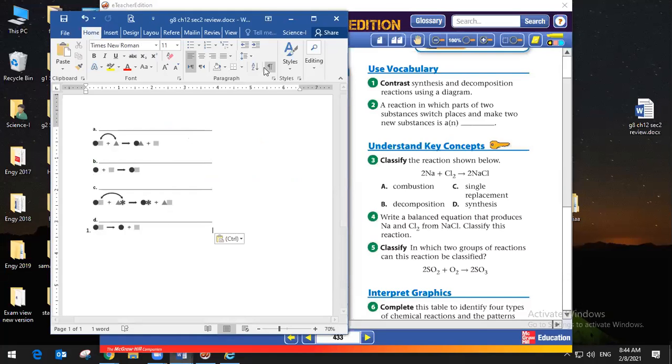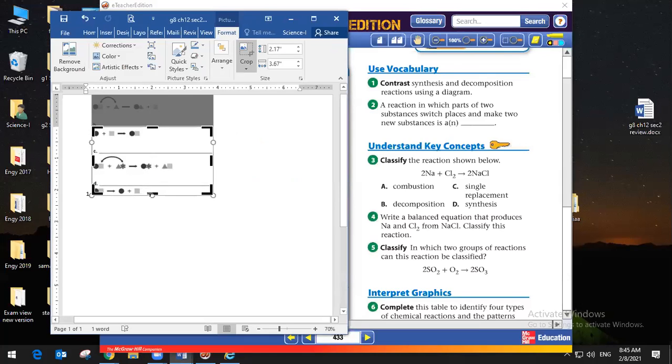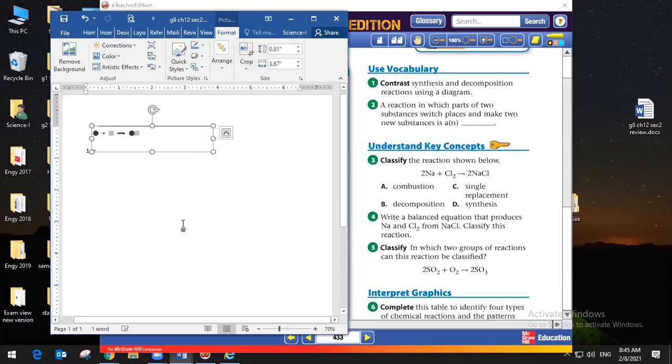So simply we're just going to cut the parts which we don't need. So we said we need the composition, and so like this, we're going to cut this one, and that is synthesis.